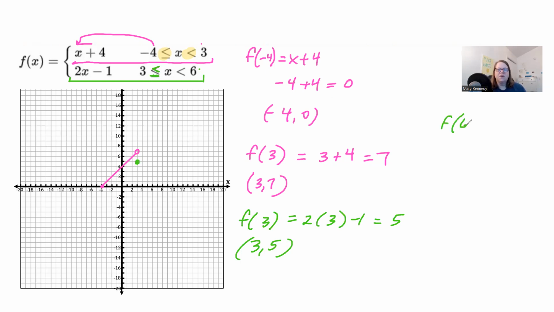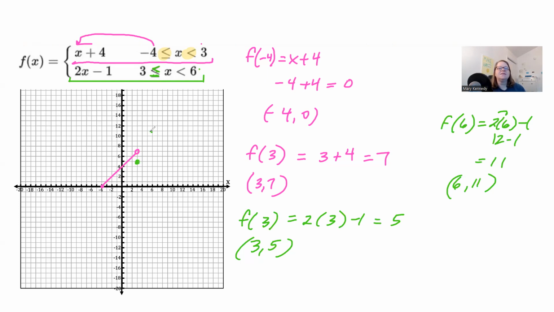All right, now let's try the 6. So if x is 6, then it's 2 times 6 minus 1. 12 minus 1 is 11. So at 6, we're all the way up at 11. So I'm going to write 6 and up to the 11. Okay, I think that's it. Now, it's open because it just says less than 6.